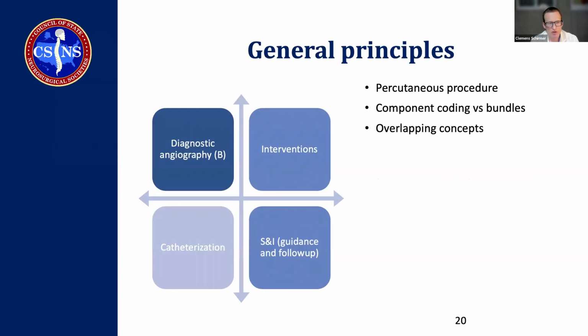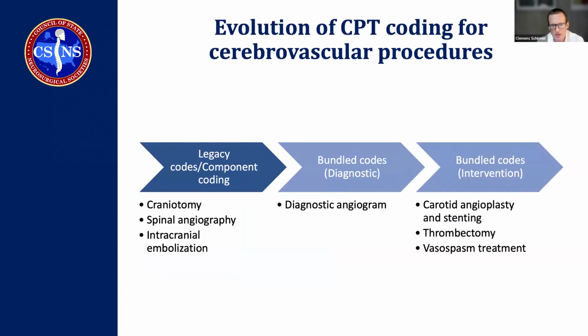And then let me move on a little bit more into endovascular coding in particular, because this is very illustrative of some of these examples, and we'll go through this a little bit before we stop for some questions. Endovascular coding in particular has been an evolution of a legacy component coding framework to a bundled code, both for diagnostic and interventions.